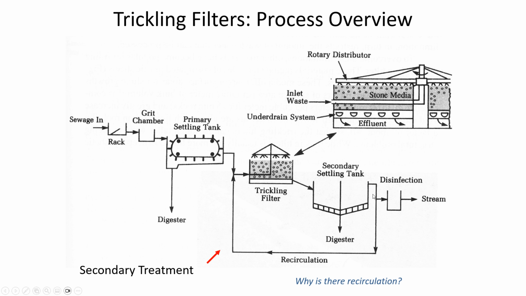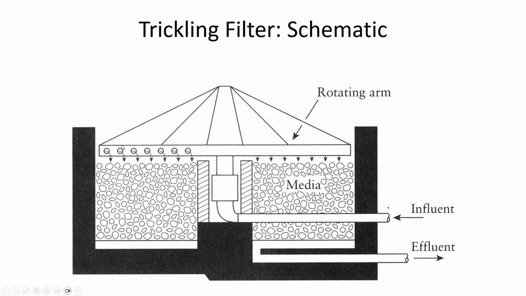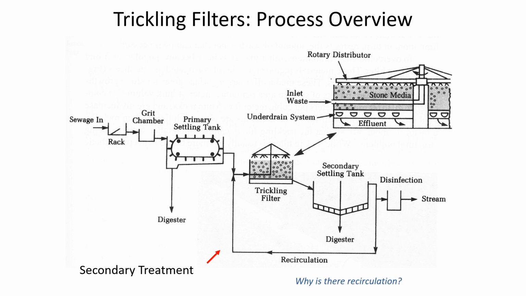And the main reason for the recirculation is just to increase the contact time, because the water's going to drip down through this very quickly. And you may want the water to spend like an hour in the trickling filter. And so if it just drips down and it spends 5 minutes in the process of dripping down, and you want an hour of contact, that means you have to recirculate the water 20 times to get that average 1 hour residency time inside the trickling filter.